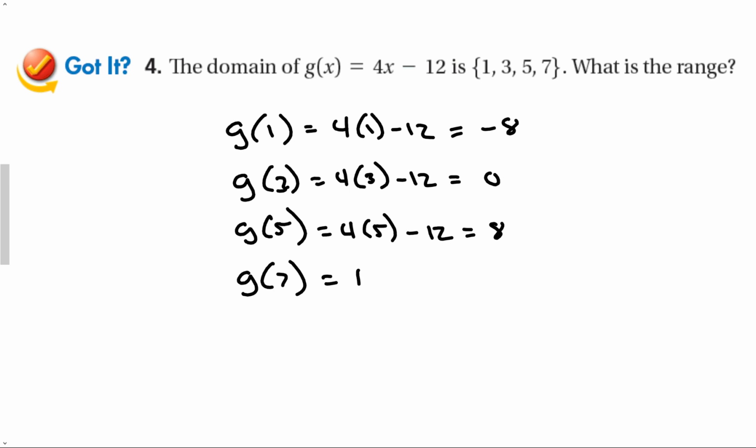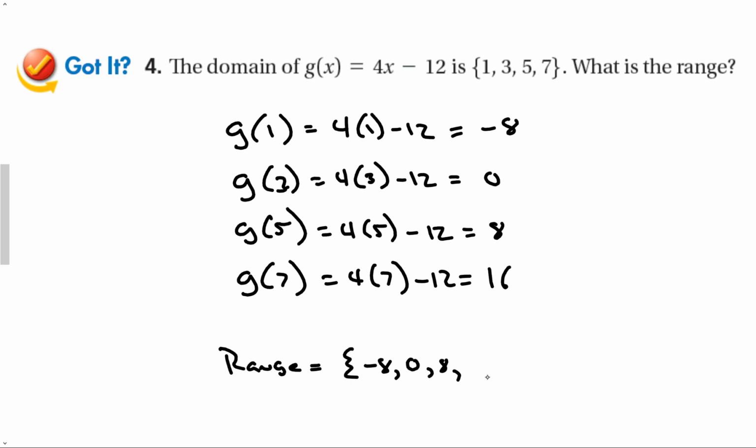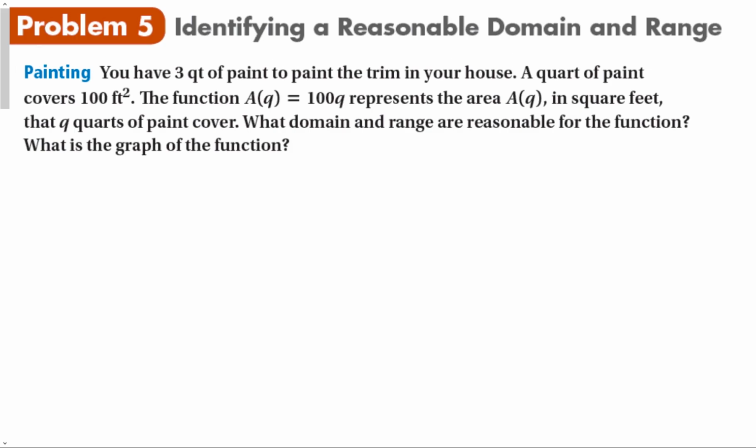And g of 7 is going to be 16. So my range is going to be, it's a set, negative 8, comma 0, 8, and 16. The outputs from these 4 domain inputs.